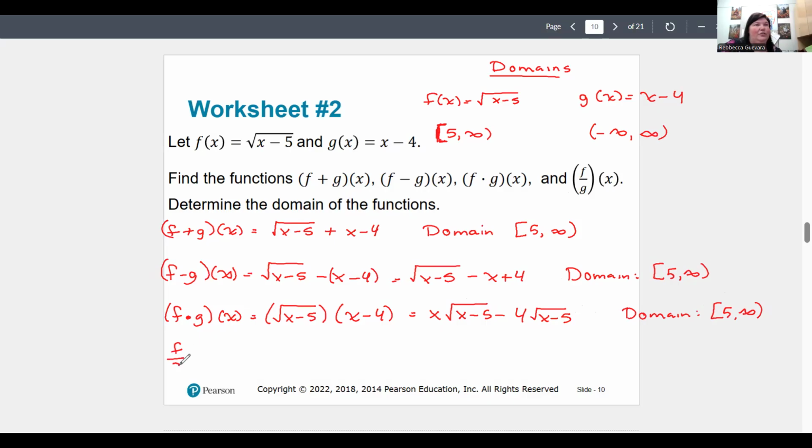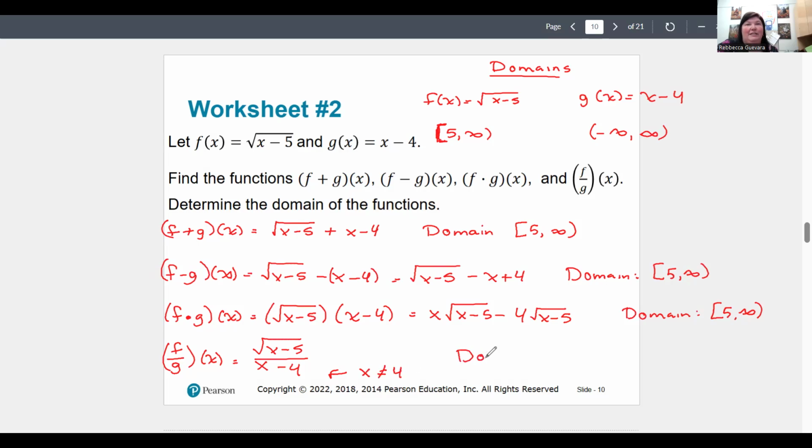We have f over g of x. So f of x is the square root of x minus 5 divided by x minus 4. That one we can't simplify, but we know that from the denominator, x cannot be 4.